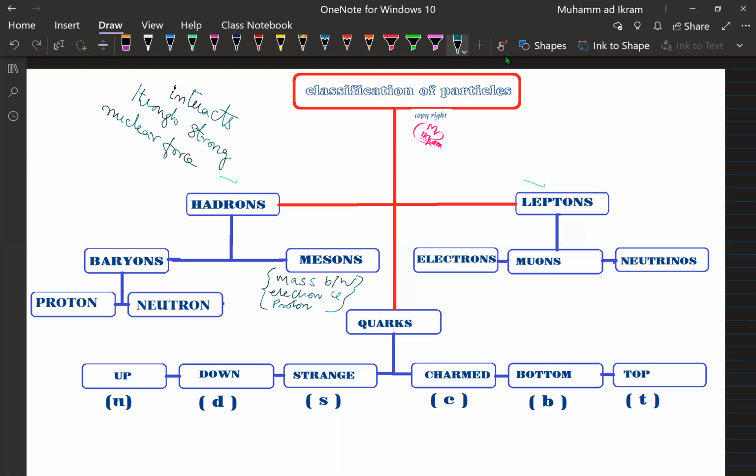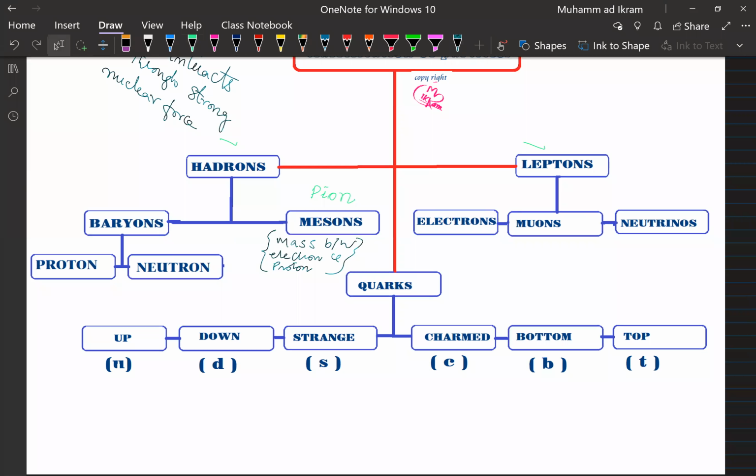One example, I do not remember exactly, but for example the pion is a particle which belongs to the mesons group, while the baryons are protons and neutrons, and they interact with the strong nuclear force, as I told, and they have mass equal to the proton or greater than the proton.